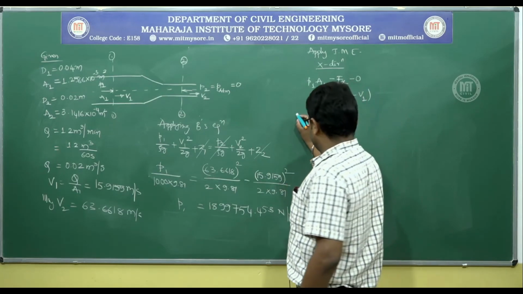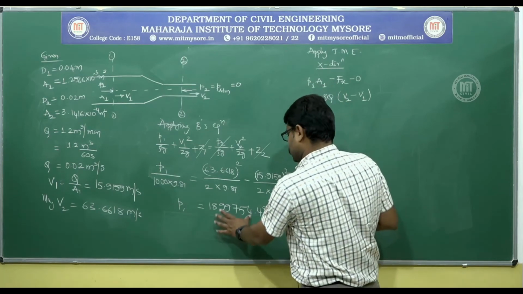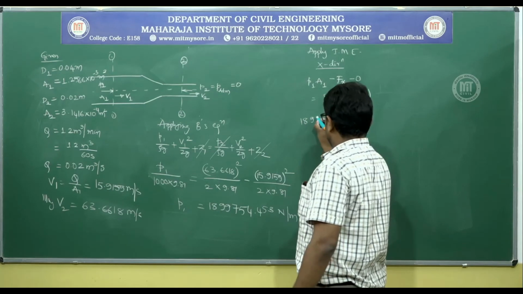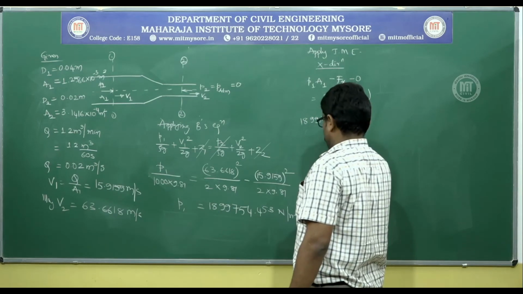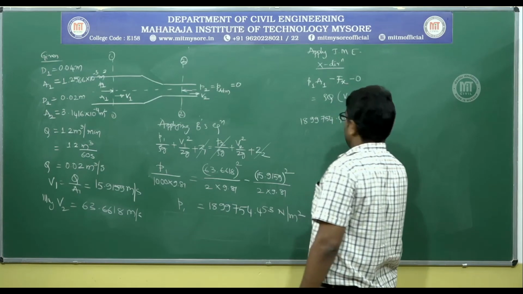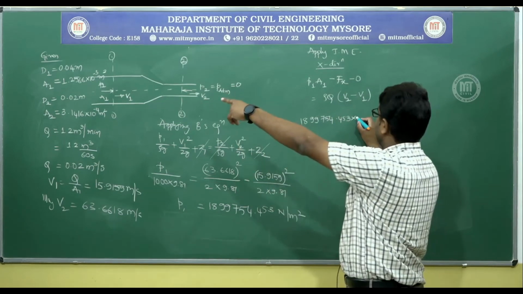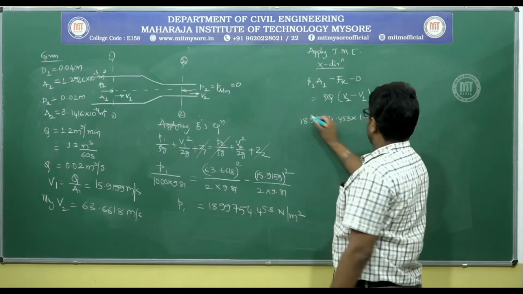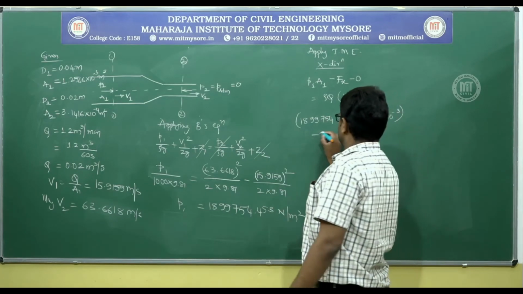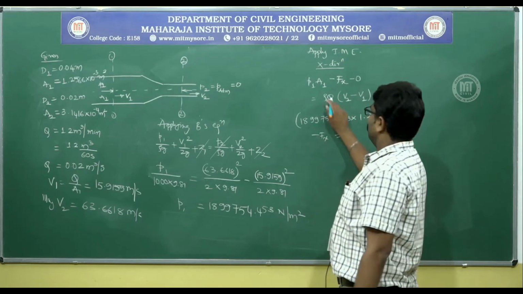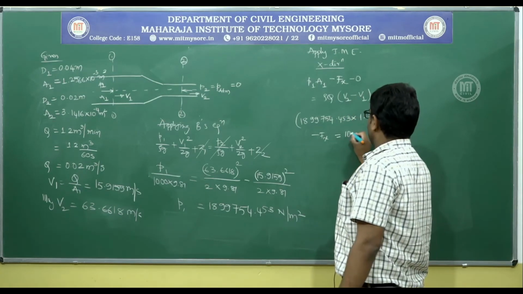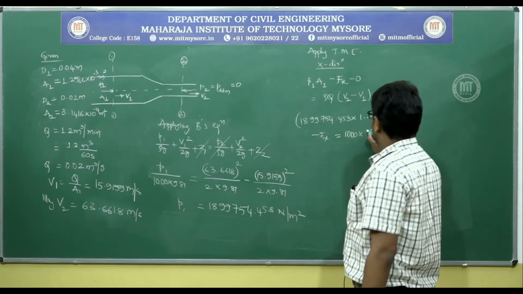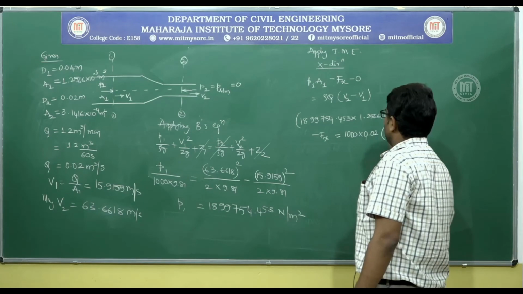So, what is P1? You have just found out. So, I will write as it is, no worries, 1899754.453 into area at section 1 is 1.2566 into 10 power minus 3 minus Fx is equal to rho q. Rho is 1000 into g, q is 0.02 meter cube per second into V2.